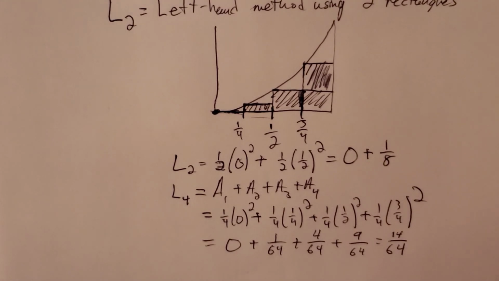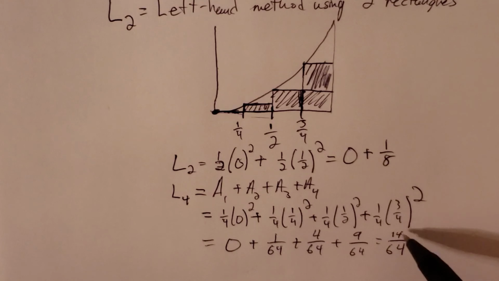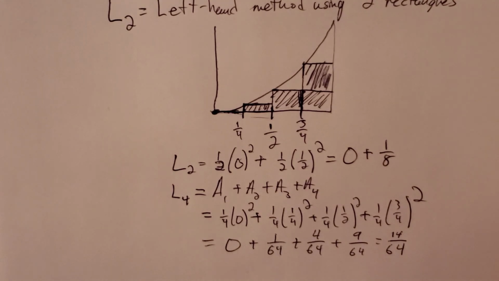So what we can say then is that the area is somewhere between our lower estimate of 14/64 and our upper estimate of 30/64 when we found the R sub 4.